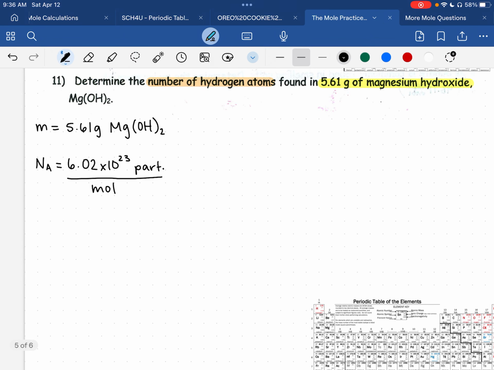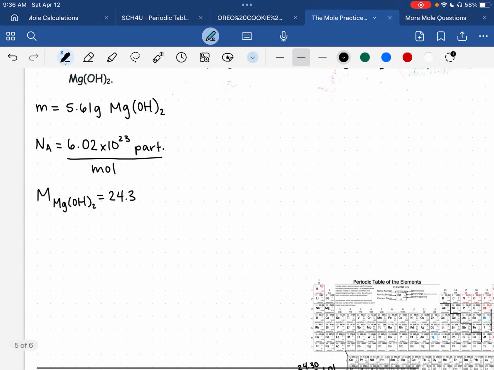So our molar mass, which is denoted by capital M, with the subscript of whatever it is that we're finding the molar mass of, which is Mg(OH)2, equals 24.30 grams per mole, 1 mole, plus I've got 2 of these hydroxides.